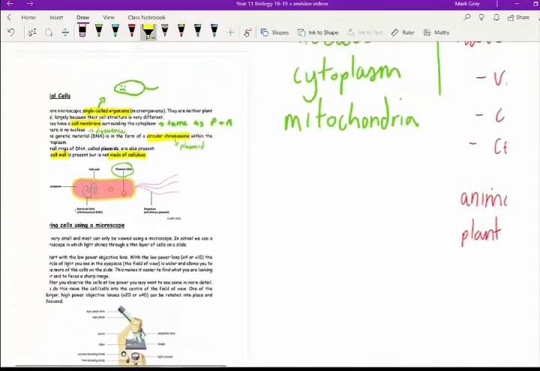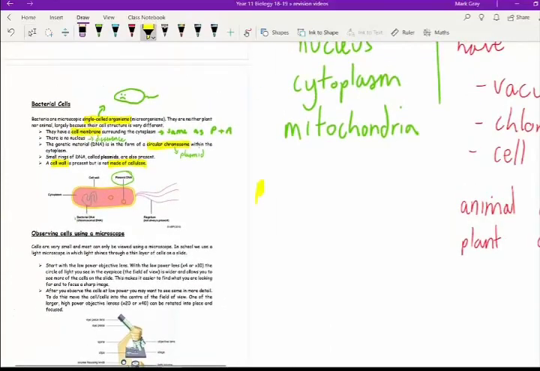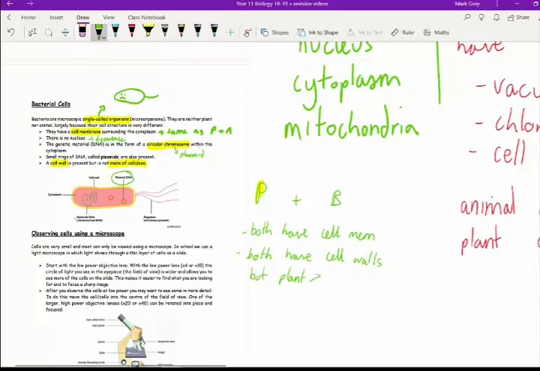So, if you're comparing plant and bacterial cells, you could say that both have a cell membrane, both have cell walls, but the plant is cellulose and the bacterial is not cellulose.